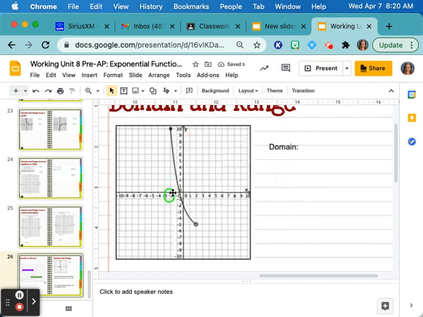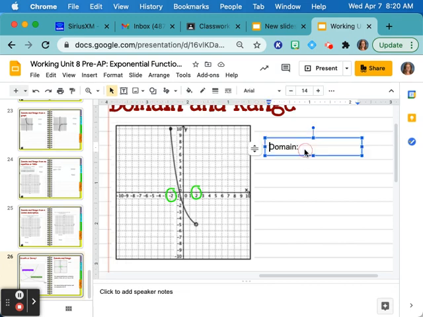And then how far right can it go? To +2. So on the x, the furthest left that there is a point is at -2. The furthest right, the point is at +2. But this one's not included. So when we do our domain, x is between -2 and +2.